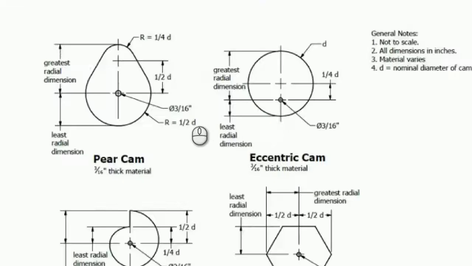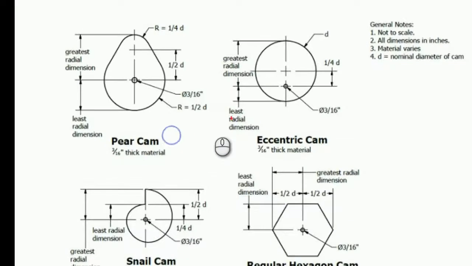And within each of these 4 cams, these are the typical, average general cams that are used throughout industry. You're going to see in these dimensions, like for example in the pear cam, the distance from the axle to the very top. So what is going to be the maximum distance that this cam would be from the center is what we call the greatest radial dimension.